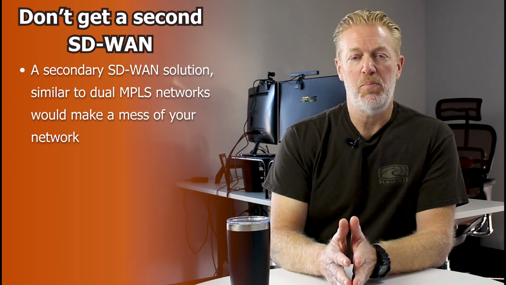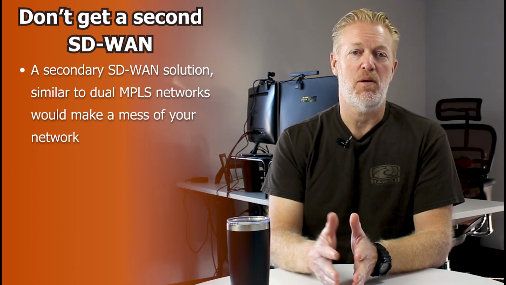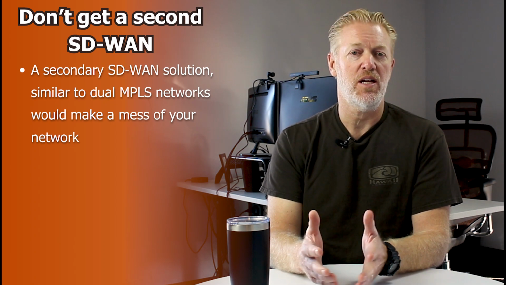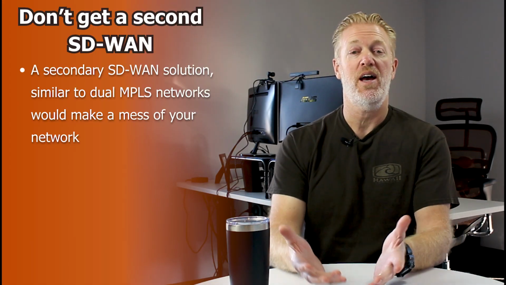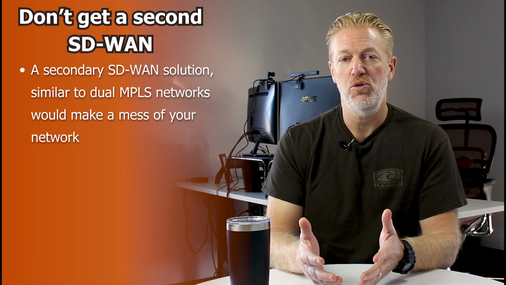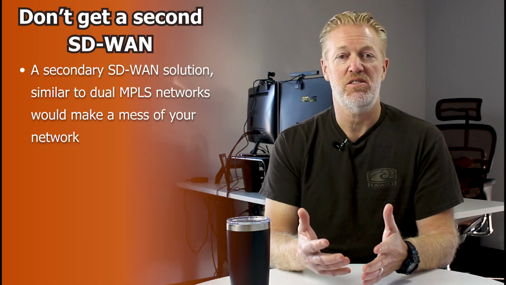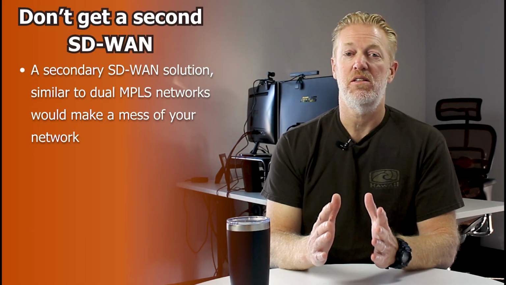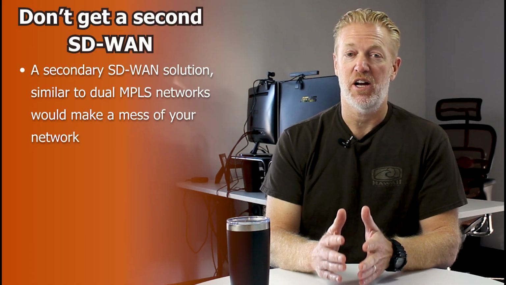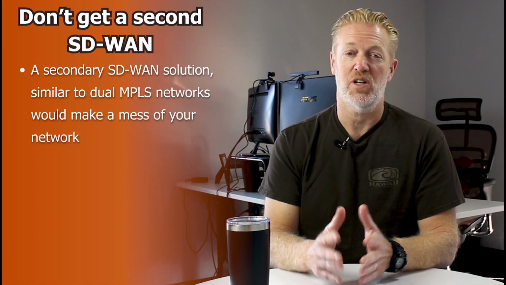Maybe you have one MPLS network as your primary and then a backup MPLS network. So you're thinking, hey, we're gonna move from MPLS over to SD-WAN. Maybe we should have two different diverse SD-WAN solutions. Well, that is not a good idea. That is not a good backup solution or redundancy solution. And let me tell you why.